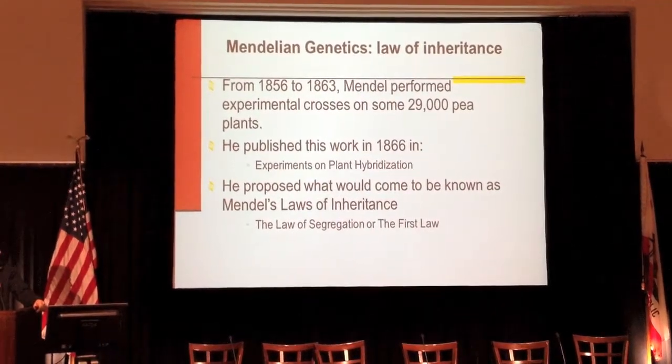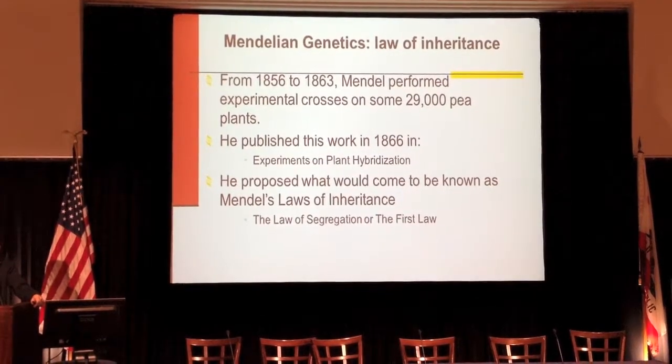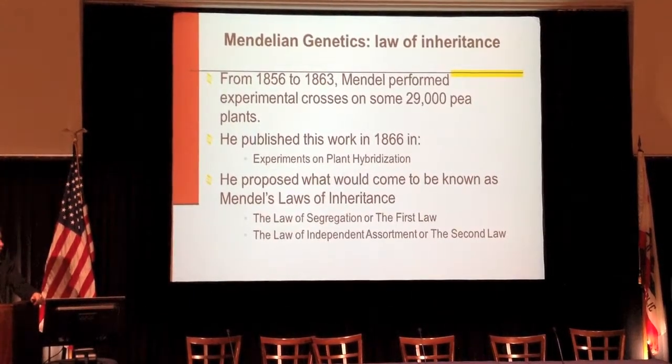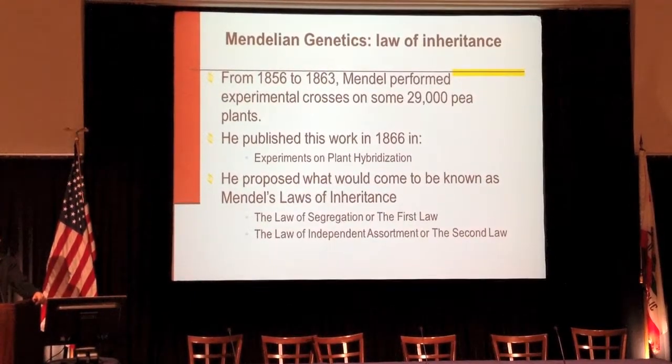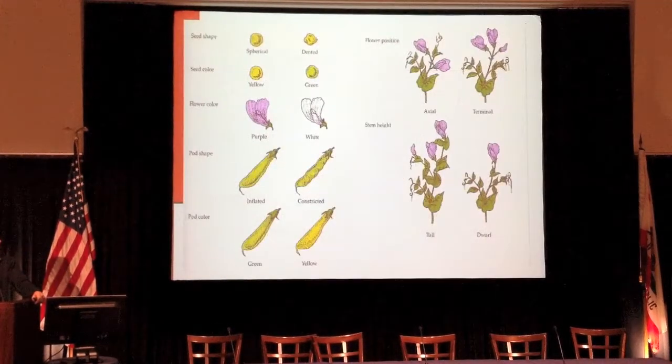He proposed what is now known as Mendel's laws of inheritance: the law of segregation, or the first law, and the law of independent assortment of genes.